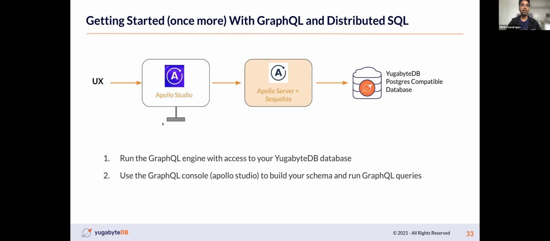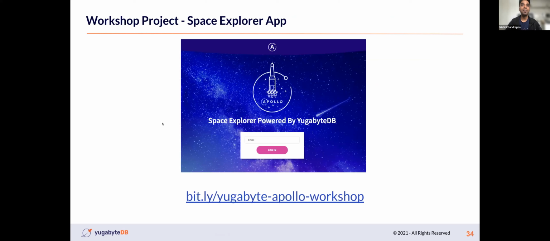It's similar to how we were working with the other demos or workshop apps that we went through. Today, for Apollo, we'll be building a Space Explorer app. This is a cool app that I found for Apollo, and we have extended this application to use YugabyteDB.